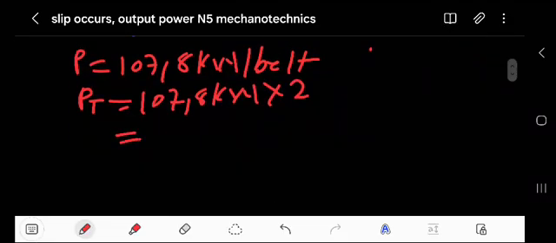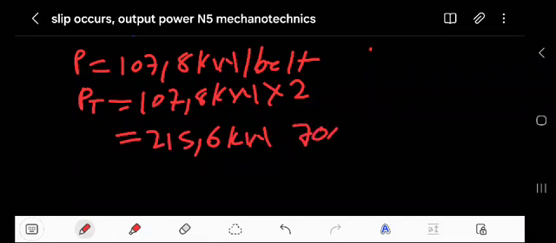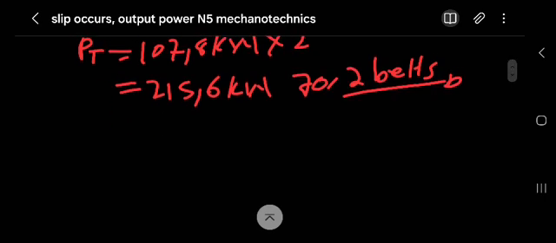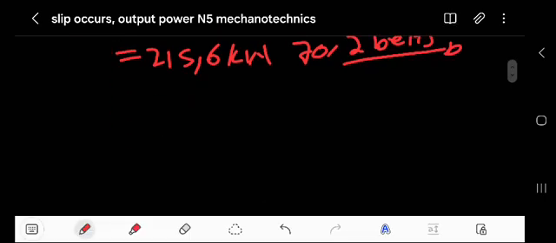Then this must be 215.6 kilowatts. Right, this is for 2 belts. So now we have done with that.